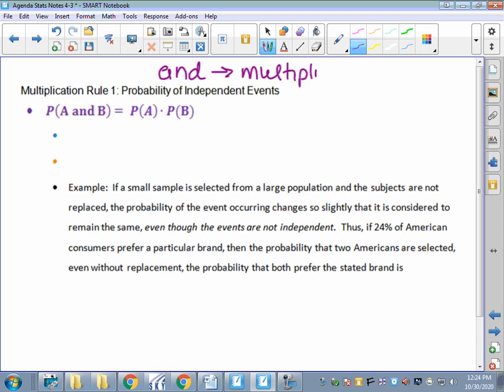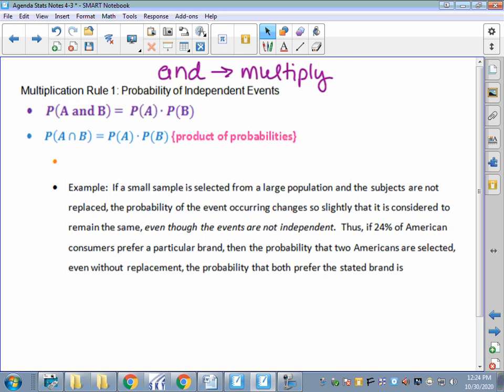I'm going to ask that a lot, so keep that in mind. An OR means to add in section 4.2, and AND means to multiply. And of course, I got a little fancy with my symbols here. So the probability of A and B, the intersection of A and B, is the probability of A times the probability of B, or if we want to really sum it up, it's the product of the probabilities.